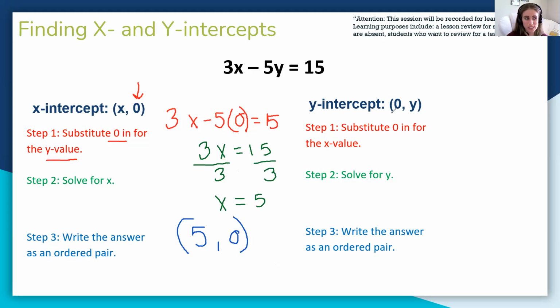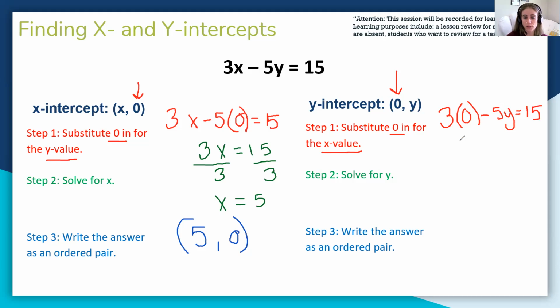For our y-intercept, that definition, what makes it a y-intercept is your x value is 0. That's what keeps it on the x-axis. So we're going to substitute 0 now in for x. Instead of 3 times x, we have 3 times 0 minus 5y equals 15.